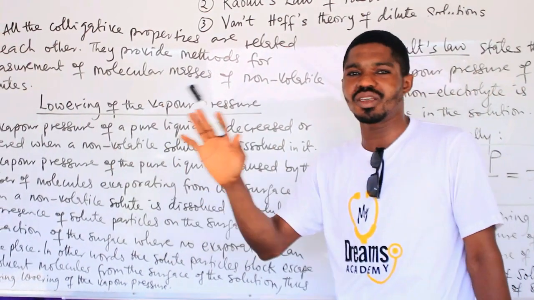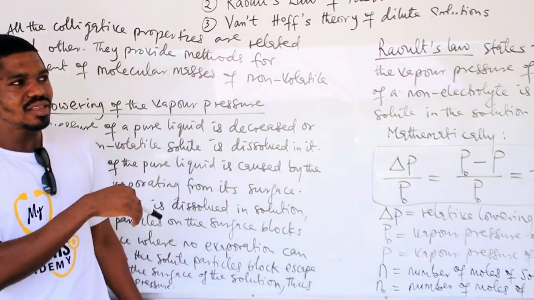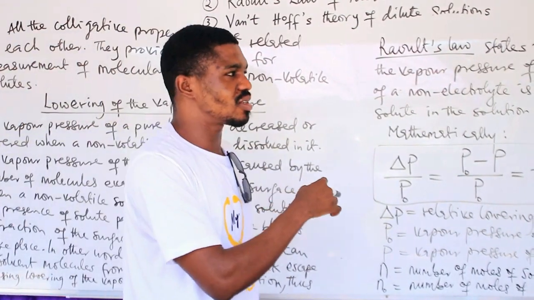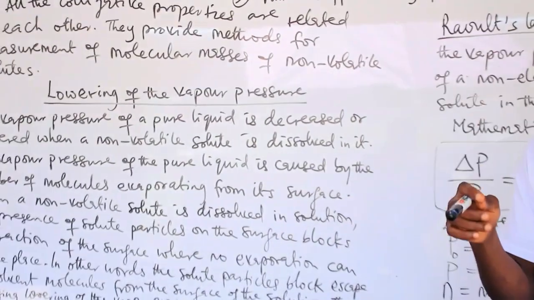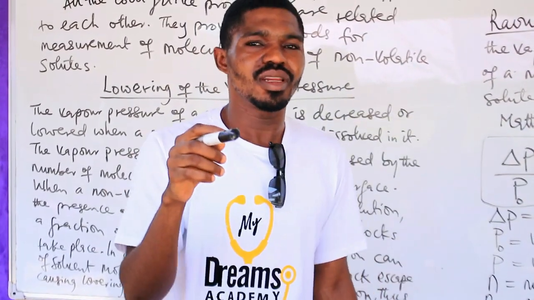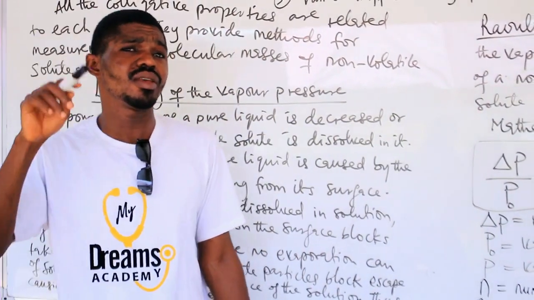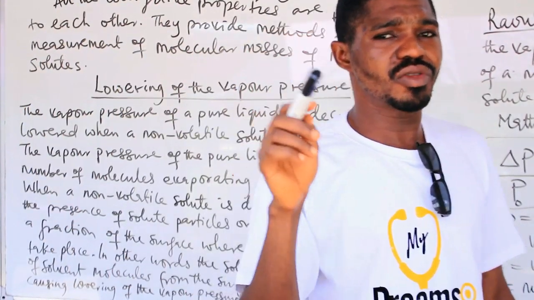As a result, the vapor pressure lowering of a liquid is directly proportional to the mole fraction of solute in the solution.